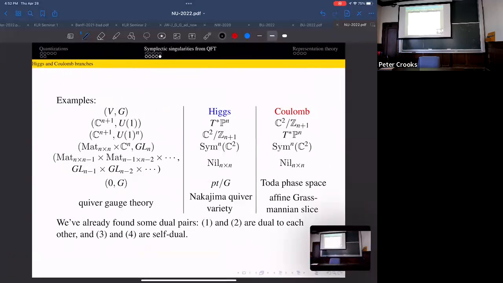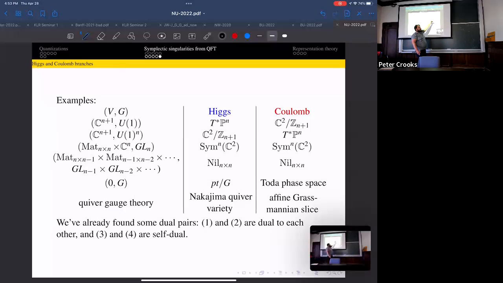All right, what sort of things can you get? These are my sort of go-to examples. If I take C to the n plus 1 and take the U1 acting diagonally, while doing the symplectic reduction, I'll get, and forgive me, I have mixed together resolutions and the affine guys, T star Pn as the resolution. The affine guy would be matrices of rank no more than 1.